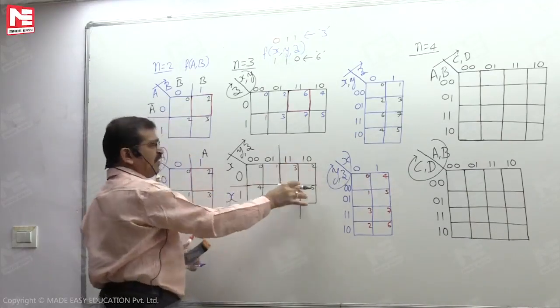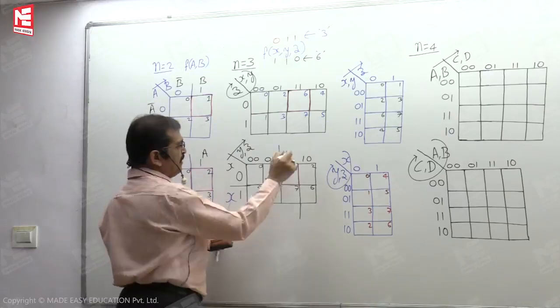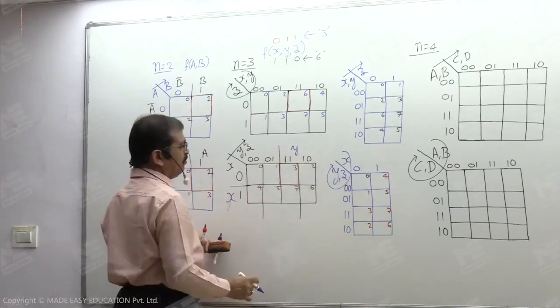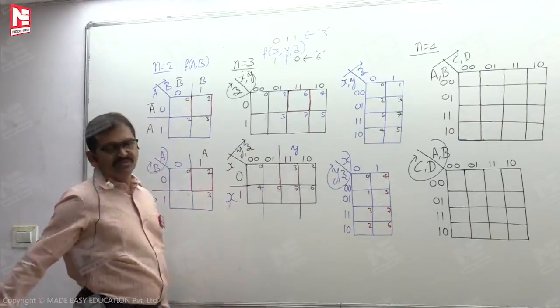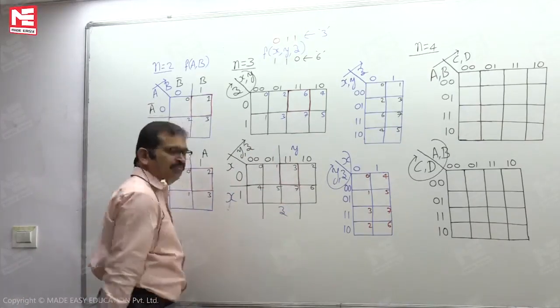And for the right side 2 columns, Y value is 1, so Y must be in uncomplemented form. And in the middle 2 columns, Z is 1, so Z must be in uncomplemented form.